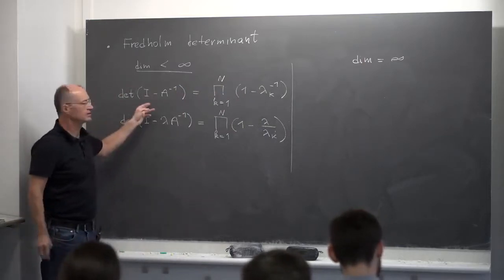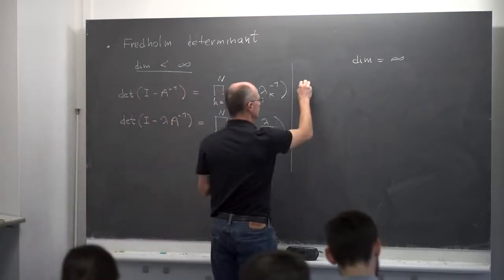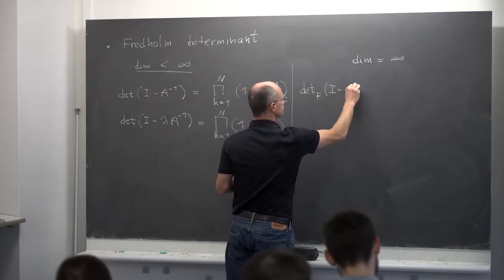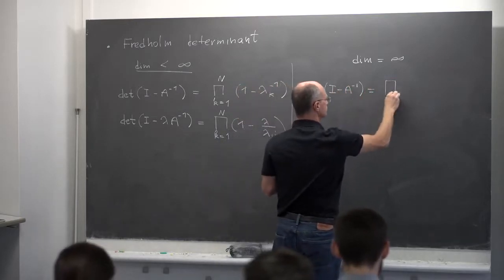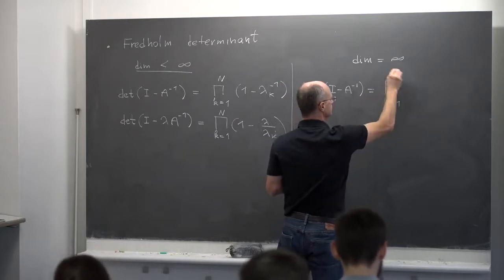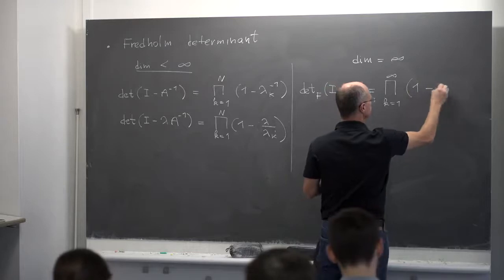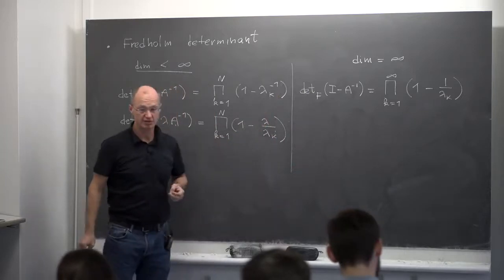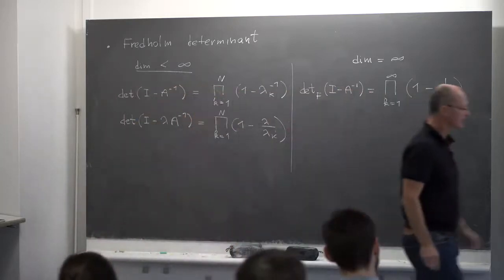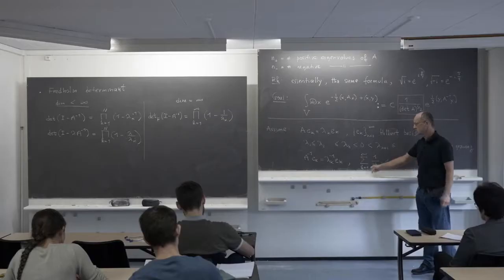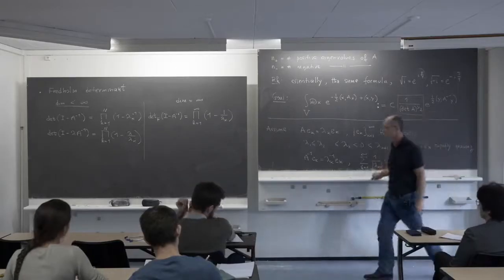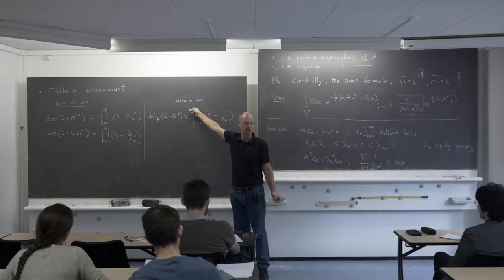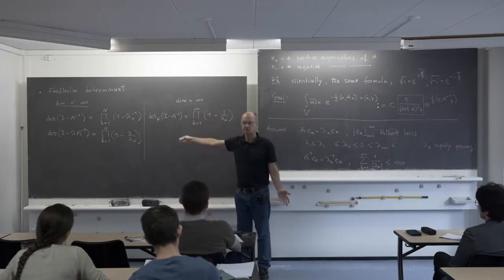Then it turns out we can still use those formulas. So the corresponding determinant is called the Fredholm determinant. Well, it is given by an infinite product. And this infinite product, under the assumption that the sum of inverse eigenvalues is absolutely convergent, is convergent. That is, I take finite products, this gives me a sequence, and this sequence converges.